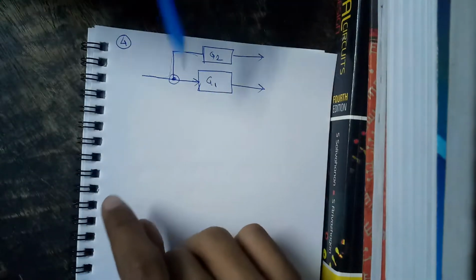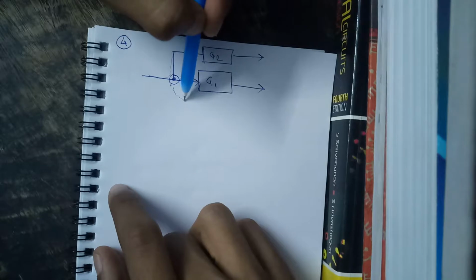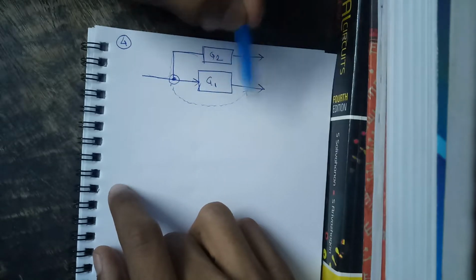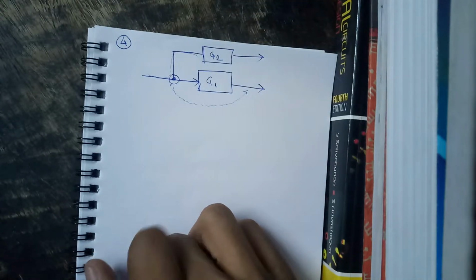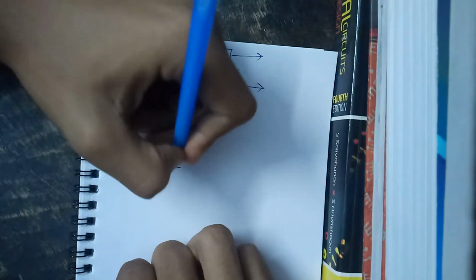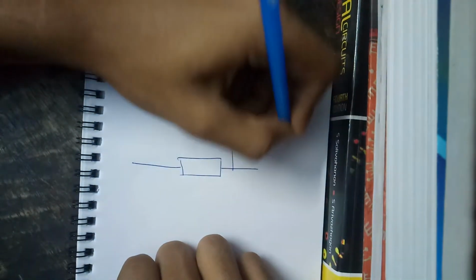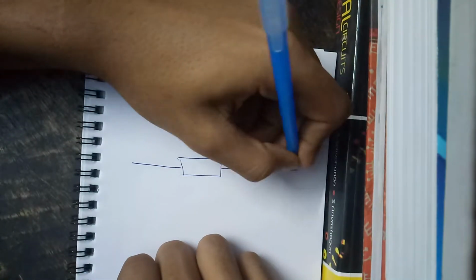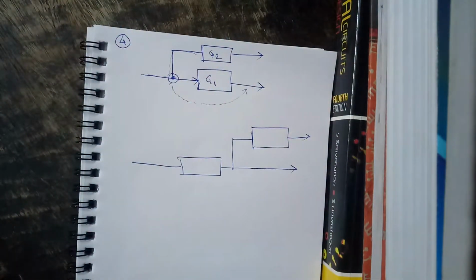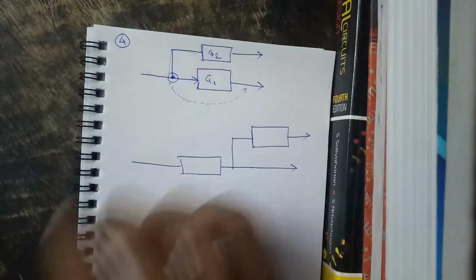Suppose for some purpose we need to move this takeoff point beyond this block. We need to convert it into this type of structure. So what will these blocks be now?